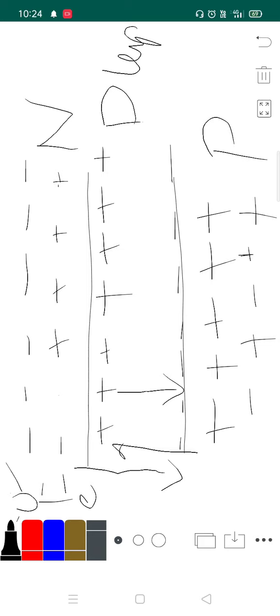The depletion region contains only neutral atoms. Why does the depletion region have neutral atoms? Because the positive charge and negative charge combine with each other, forming neutral atoms. So in the depletion region there are more neutral atoms.